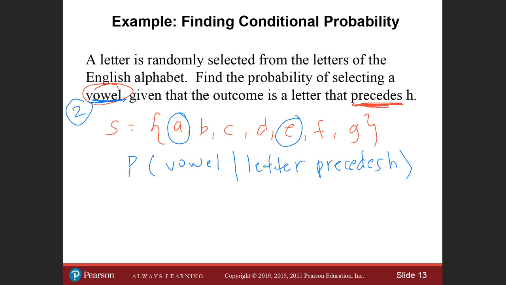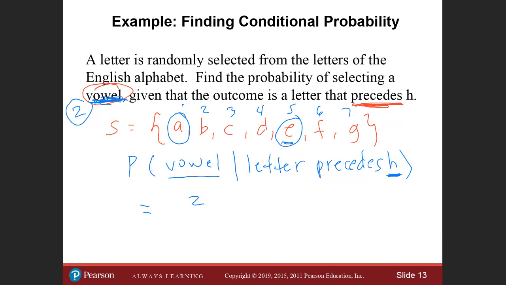So that would be the letters before the letter H. So you're looking at letters before that letter H. So that would be, if you count 1, 2, 3, 4, 5, 6, 7. 7 of those letters before H. So when you're taking that probability, you're taking the vowel, which is actually A, and there is another one which is E. So you have two of them, two vowels.